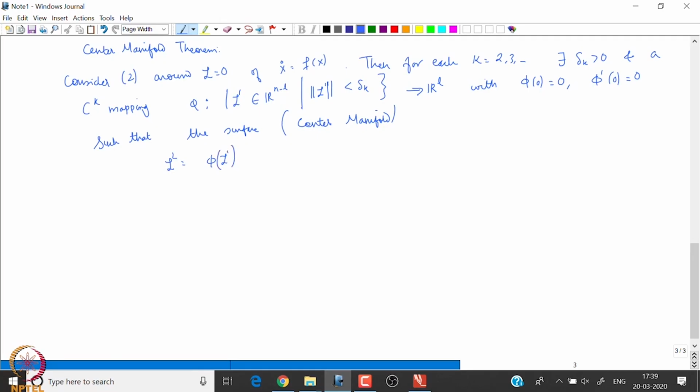So, I am writing Z2 in terms of Z1 for all Z1 less than delta k, right, and this is such that this is invariant under the dynamics 2.